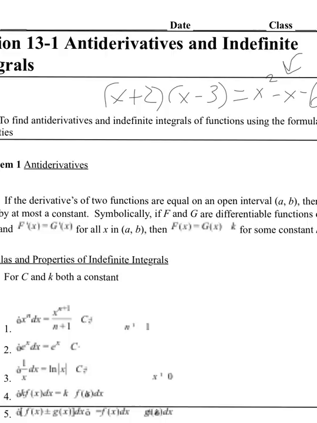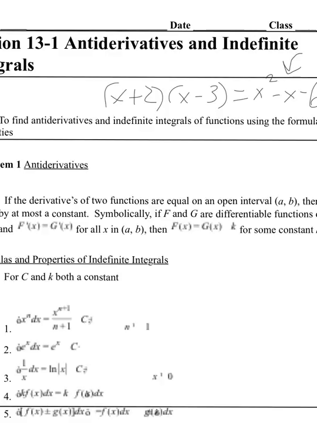Antiderivatives or integrals mean we know something about how this function has been changing, but we want to go back and find, well, what was the function? Because if we could see what that graph looked like, and we needed to find the area between the x-axis and that curve, that's what integration is, or antiderivatives.